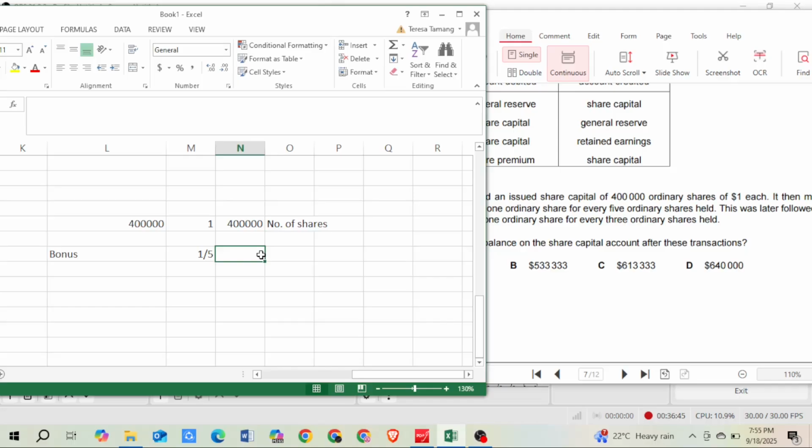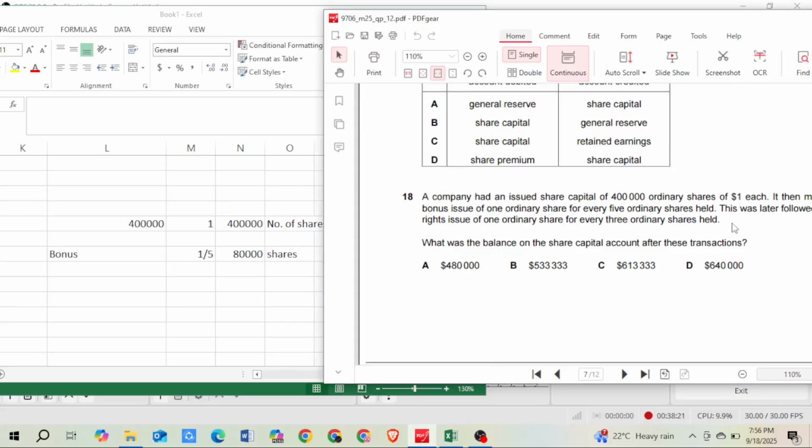Calculating the number of bonus shares, 400,000 into 1 divided by 5, so we are giving them 80,000 shares. To calculate the value of these 80,000 shares, the price per share is 1, so 80,000 into 1 is the value.